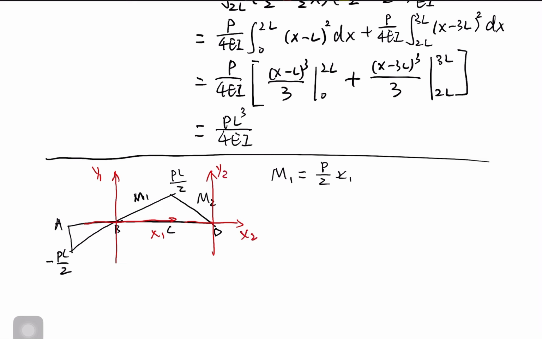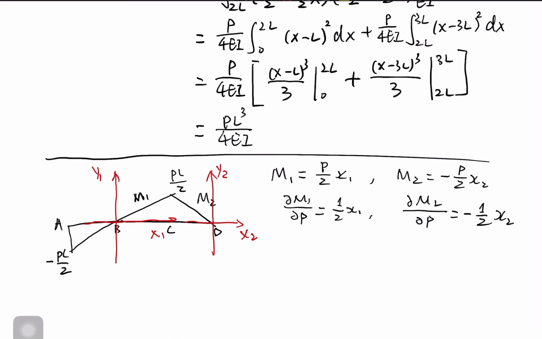Then M2 can be expressed as negative P over 2 times x2. Then we evaluate partial M1 over partial P, which is 1 over 2 x1, and partial M2 over partial P, which is negative 1 over 2 x2.